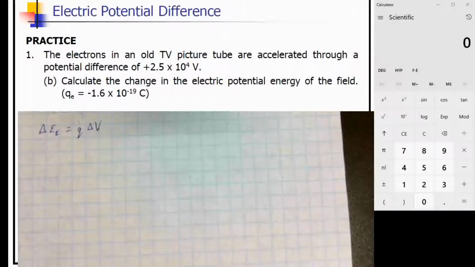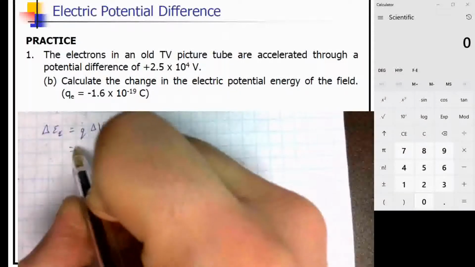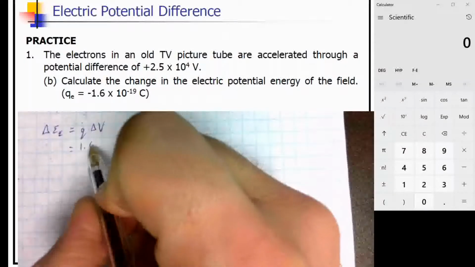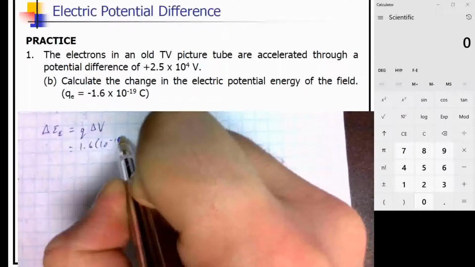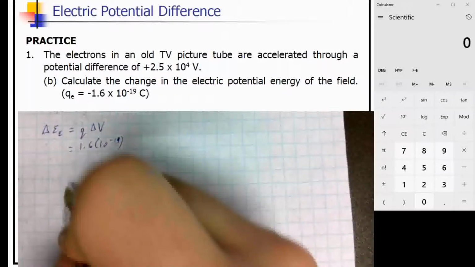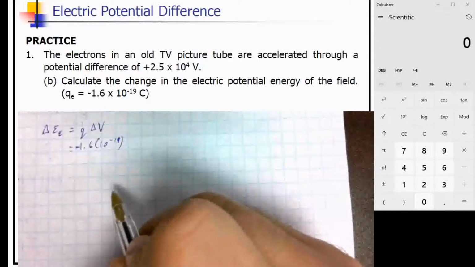So if you remember that voltage is joules per coulomb, if you multiply that by our charge, we'll end up with an energy. So this becomes 1.6 times 10 to the negative 19, and this is negative because it's an electron.